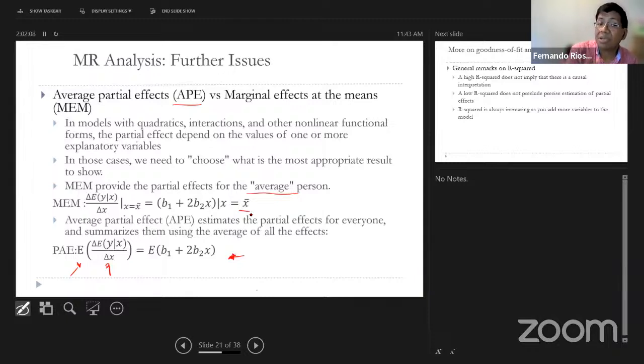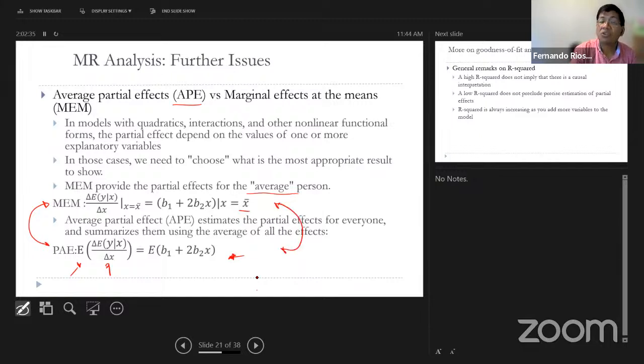For most of the models that we have seen, certainly for the models without interactions, but also for the models with single interactions, only quadratic terms, these two approaches will give you exactly the same result. However, when you go to other kinds of models, nonlinear models, or models with cubic interactions, triple interactions, etc., these two are no longer going to be the same.